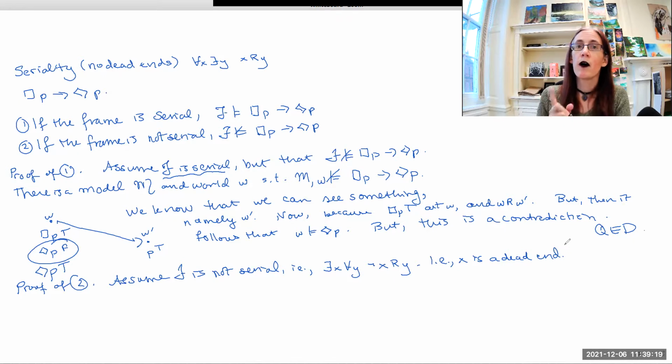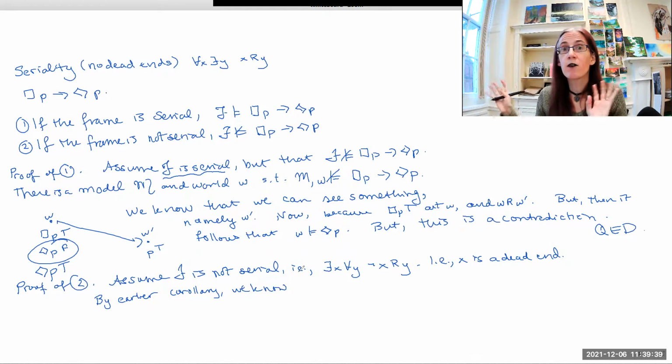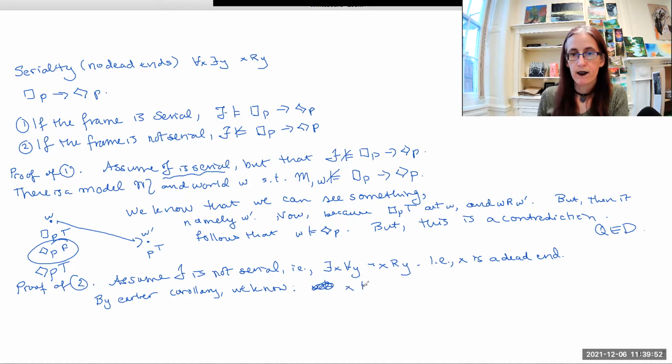Now, if you remember from our previous corollary that we proved a couple of videos ago, every time that you have a dead end, every formula is necessary there. So by earlier corollary, we know, and this is independent of what the model says, so we don't even have to look at particular valuations, but we know that at this world X, necessary P is true.